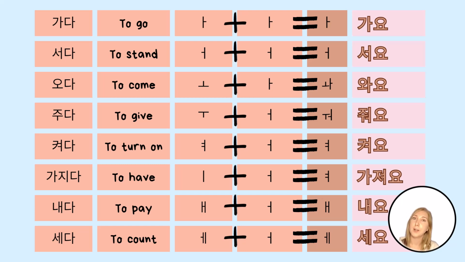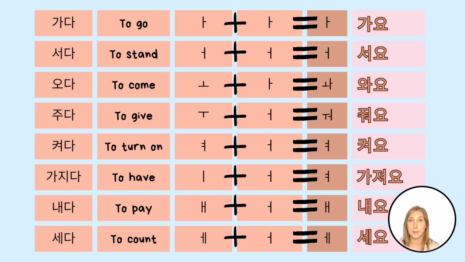But when that verb stem ends in a vowel, you have to combine the vowels together. And this shows you all the different ways of how to combine them. Now, just mind that there are some irregulars, but irregulars follow their own rules, and you'll see when I post a video about irregulars. So don't worry too much about that right now. Let's just look at these ones.